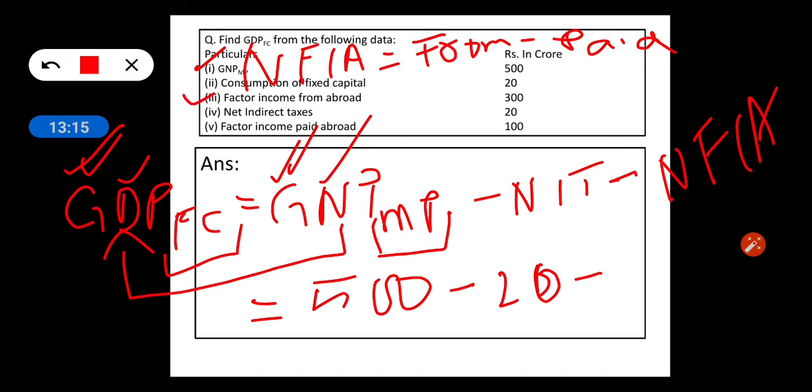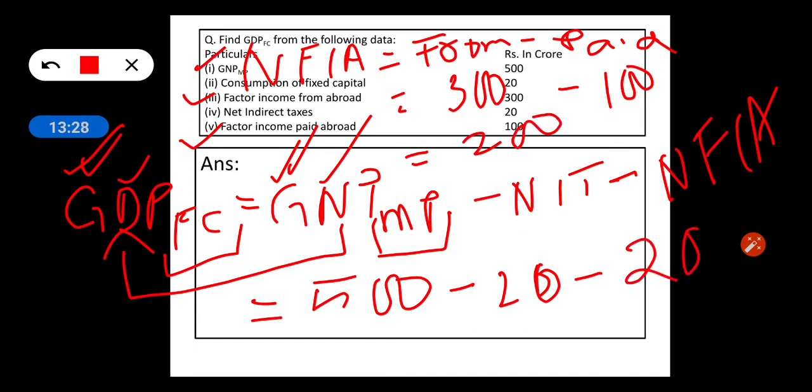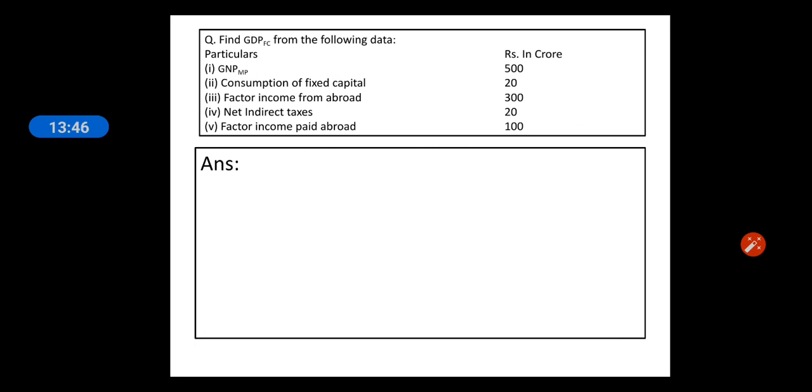This is in Roman number 3, the value is 300, and factor income paid abroad is in Roman number 5, it's 100. Then your value of NFIA is 200. So 500 minus 200 minus 200, and you will get 280 crore.